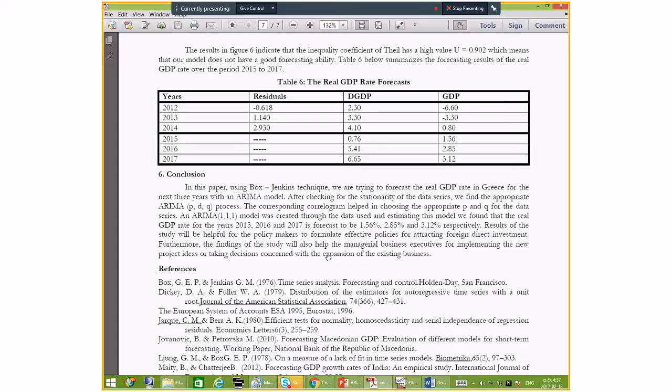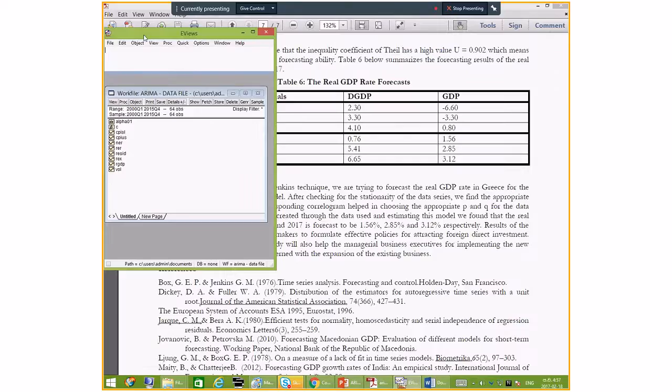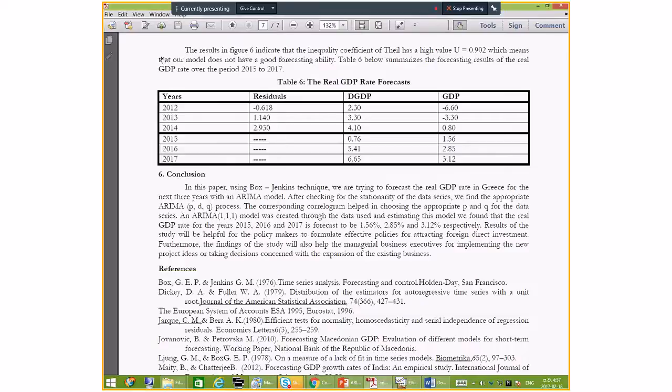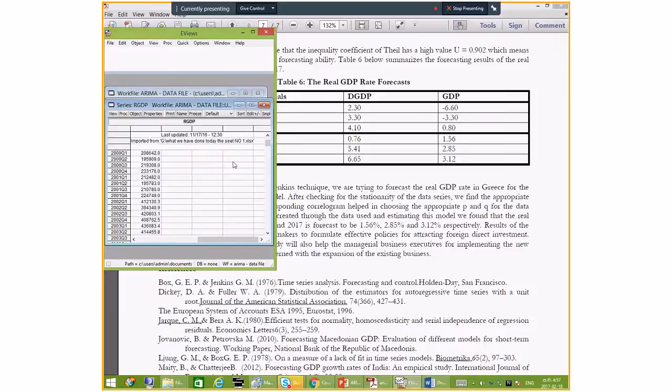Right, so let's apply this in EViews. Go to the LMS and download the EViews file, and follow these steps. In this data file there is real GDP data, the quarterly real GDP.